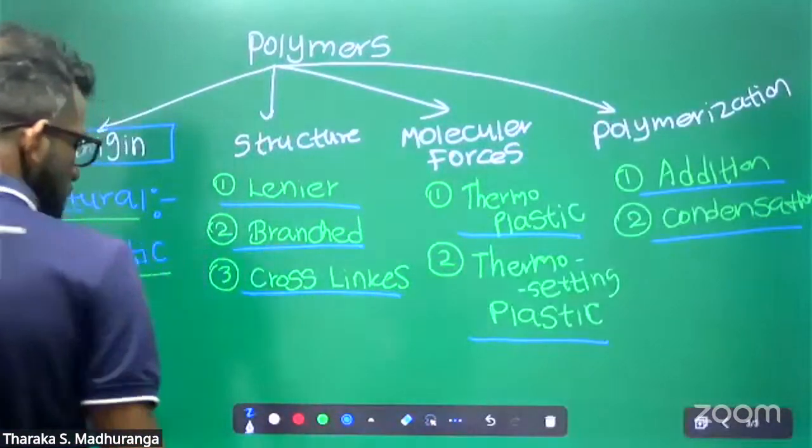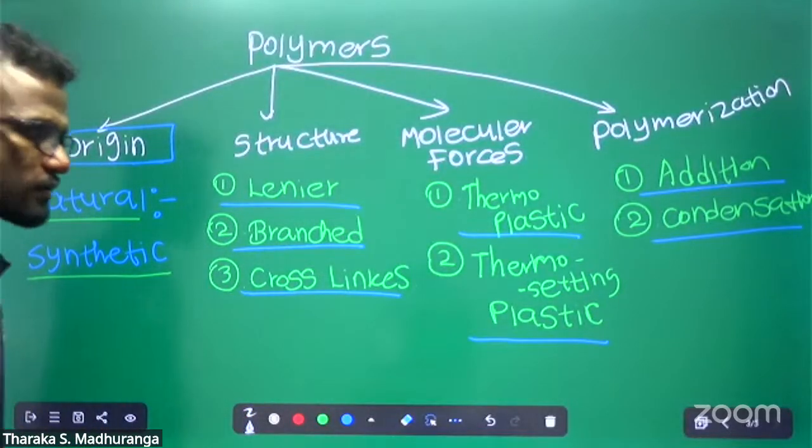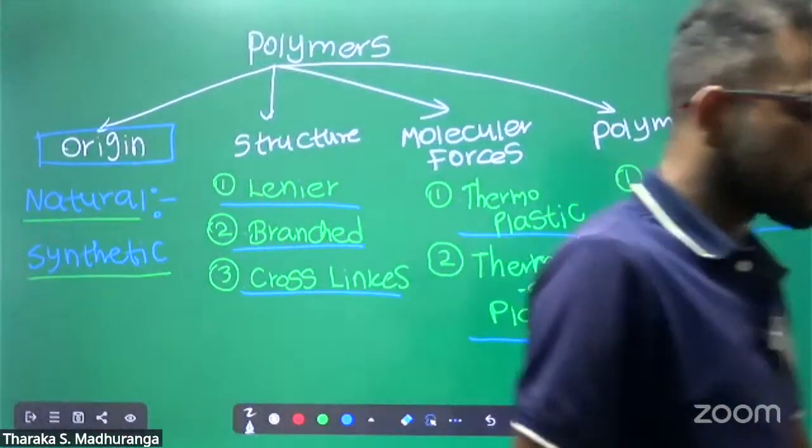What are the examples for natural polymers?